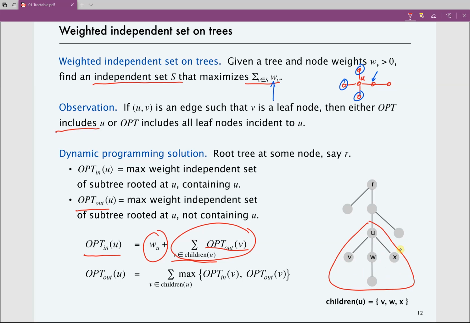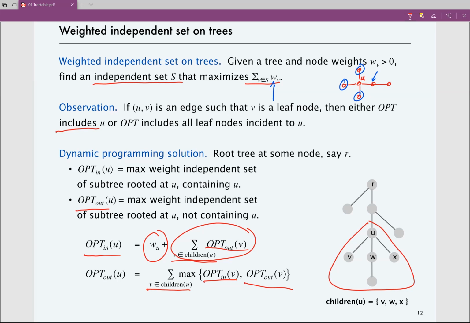So I'm going to go through all of the children of U, and for each child, I can either include that child in the independent set formed from its subtree, or I can not include that child. I don't know which one is better, so I'm just going to pick the max of these two. Whichever one is better, that's what I'm going to do. So we have these two recursive relationships for opt-in and opt-out.